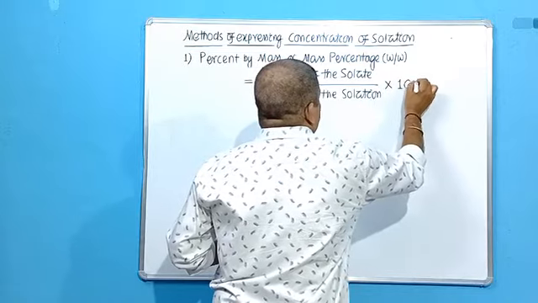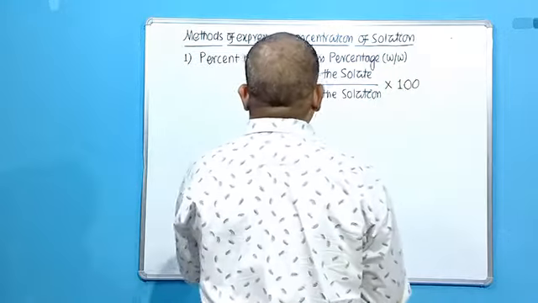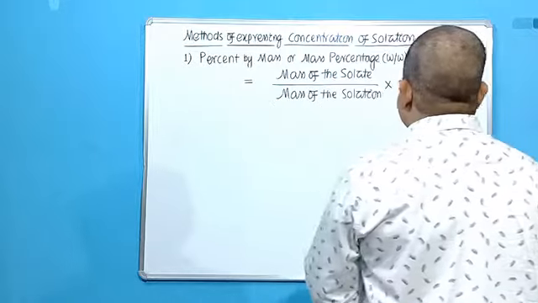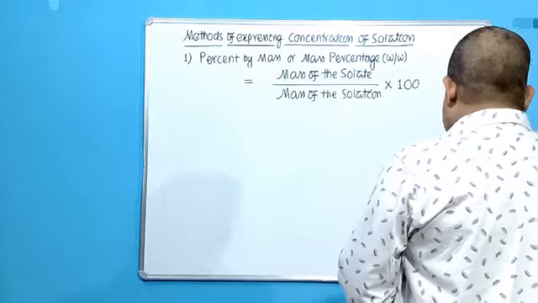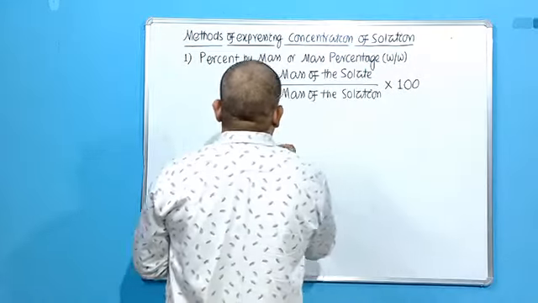Percent means every time it will be multiplied with 100. So the formula to calculate percent by mass or mass percentage is mass of the solute divided by mass of the solution into 100.